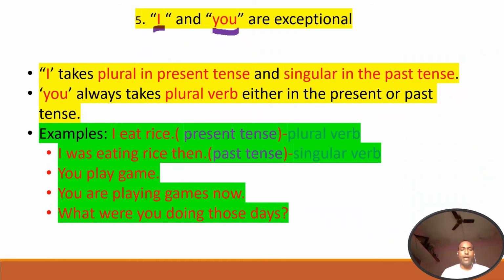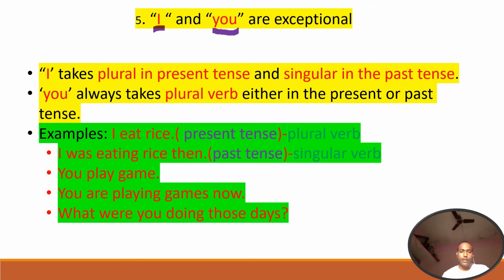Okay. Now, let us see examples. "I eat rice." This is present tense. In present tense, it has taken the plural verb "eat". Similarly, "I was eating rice then." It is past tense. In the past tense, "was". "Was" is singular. So in the past tense, "I" is taking a singular verb, but in the present, it is taking a plural verb.